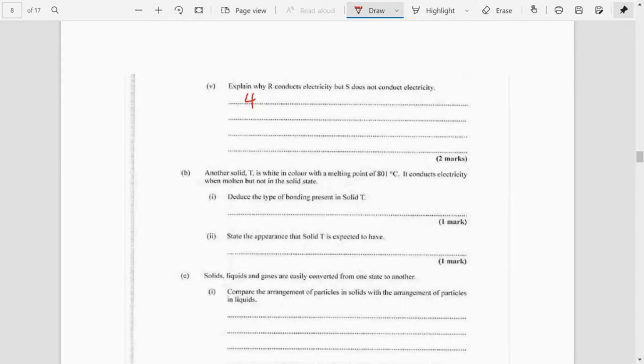But in graphite, each carbon atom bonds covalently with 3 other carbon atoms.